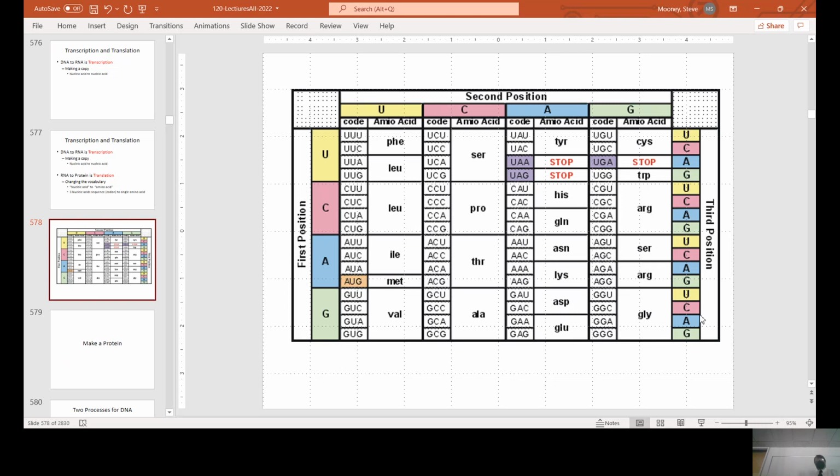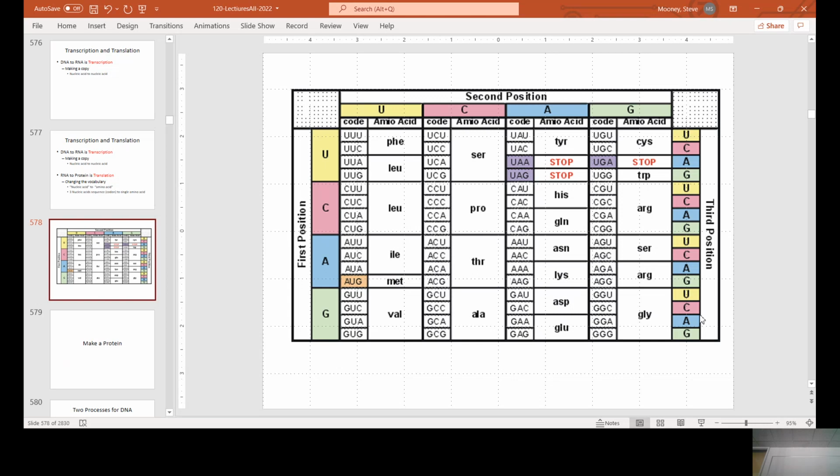Now we've got, what is it? There's 64 different combinations. If we do 4, 4, and 4. But there's only 20 amino acids. And what we see in our codons is that more often than not, the first 2 letters get things done. The third can be anything.